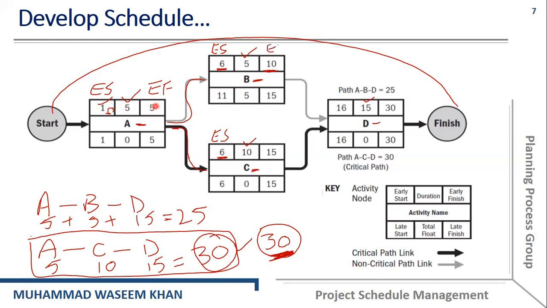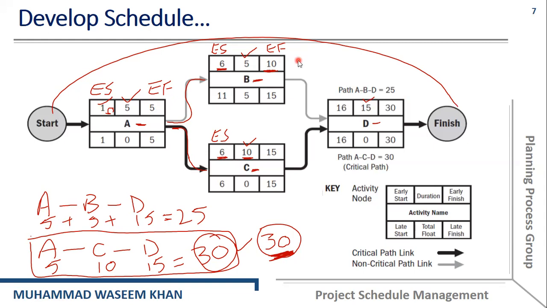If you want to find the earliest finish of an activity in a project that starts with 1, there is a very simple expression we have to follow.